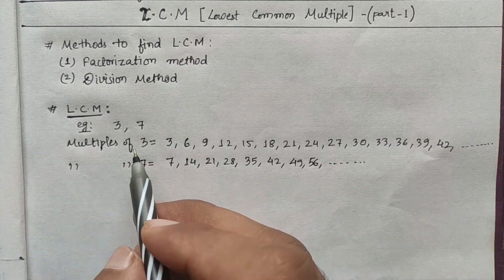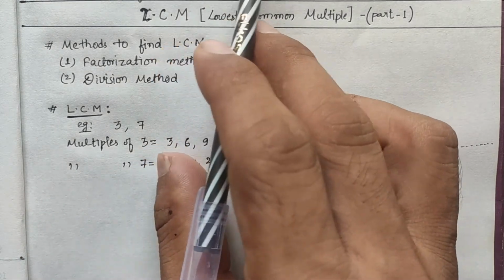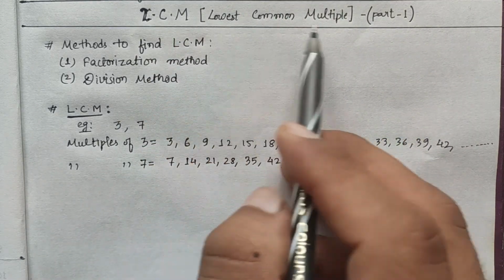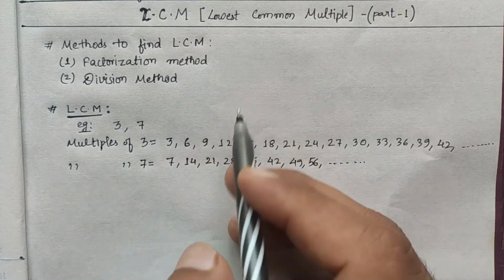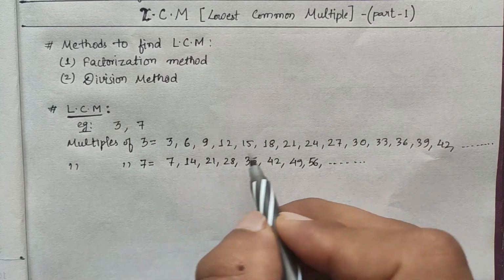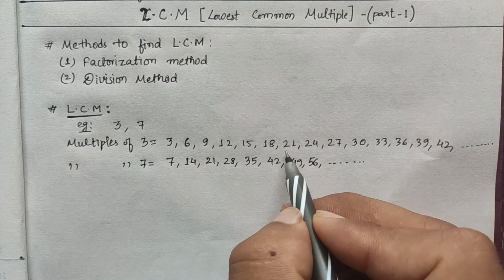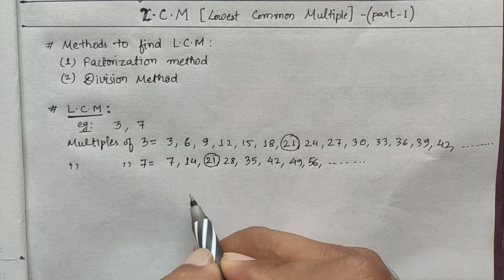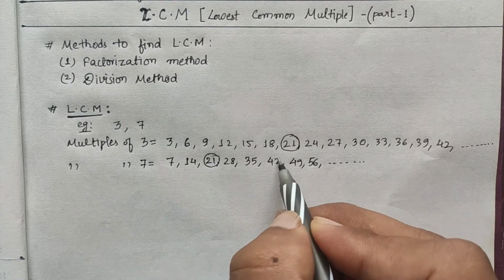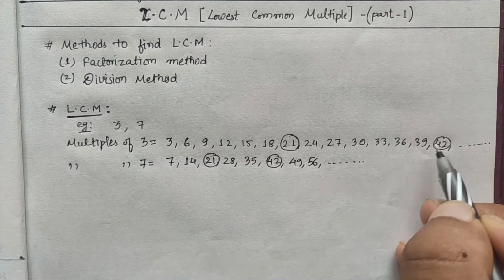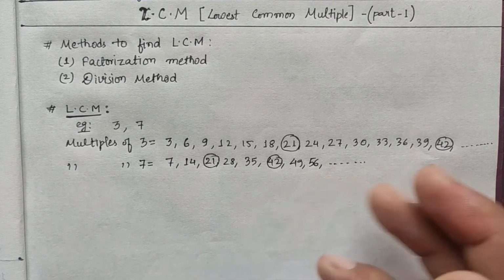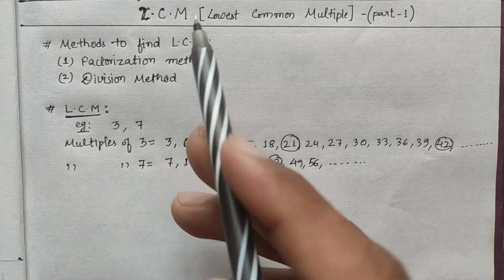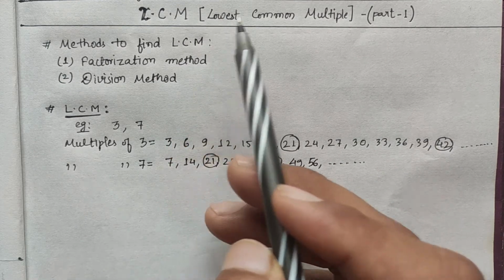So you have to find the common multiple, like lowest common multiple. First we will find the common multiples. What are the common multiples here? Yes, 21. See, 21 is common here. Another is 42. There are millions, trillions, billions of common multiples, but we are trying to find the lowest common multiple.